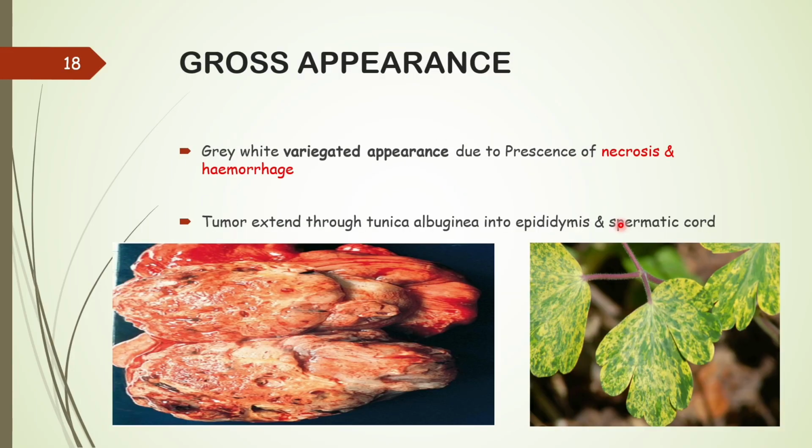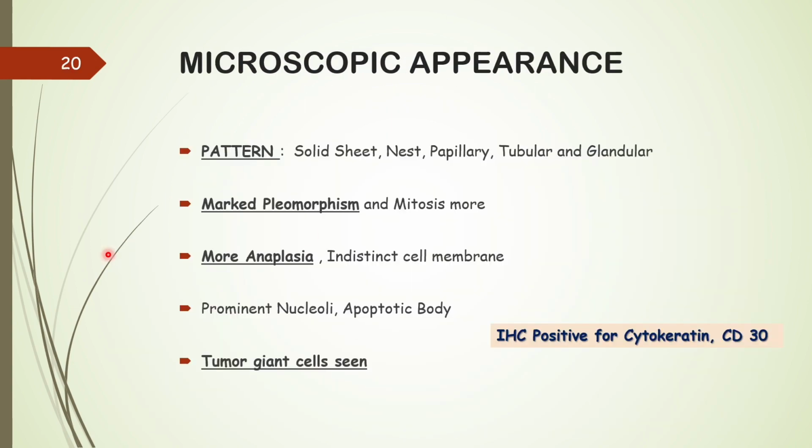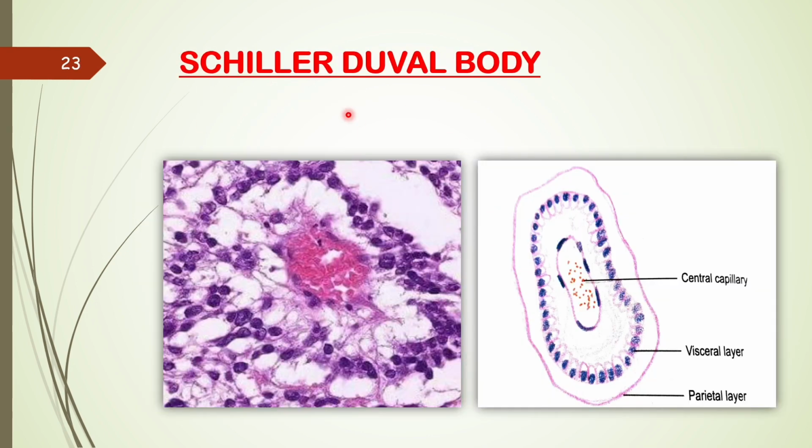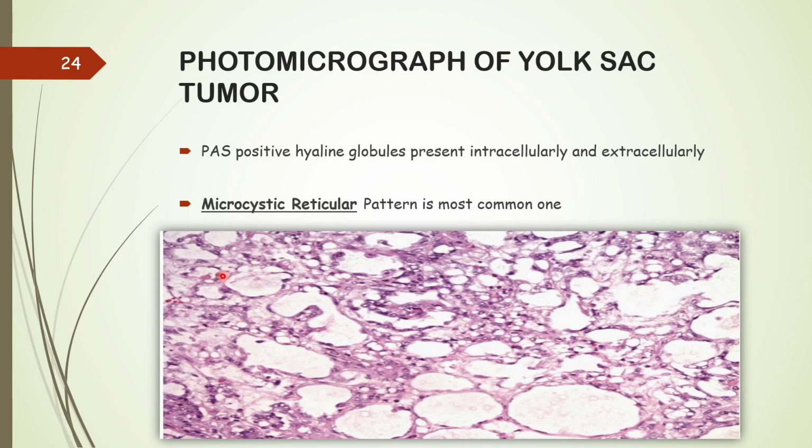Embryonal carcinoma is very aggressive, grossly variegated in appearance because of the presence of necrosis and hemorrhage, and they show a high degree of anaplasia. More pleomorphism, tumor giant cells can be seen. Yolk sac tumor characteristically shows Schiller-Duval bodies. That particular photomicrograph shows a microcystic pattern. Yolk sac tumor can present as a microcystic pattern.